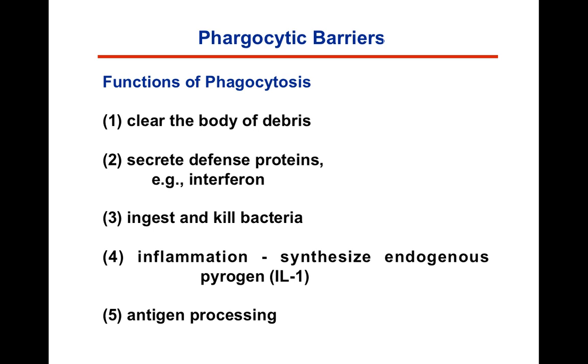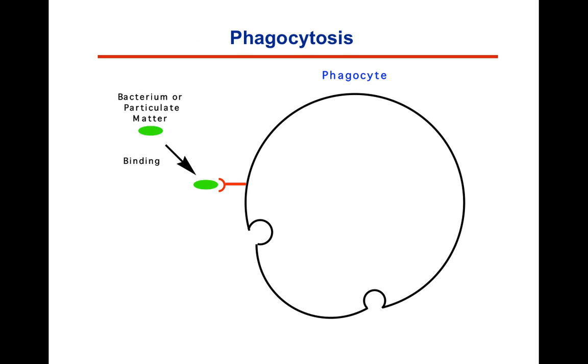Inflammation, producing endogenous pyrogens that activate the inflammatory response. Antigen processing, which we're going to see a lot of later: they're involved in the adaptive immune response. So there's some crossover, not for all phagocytes, but for example with macrophages and the adaptive immune response.